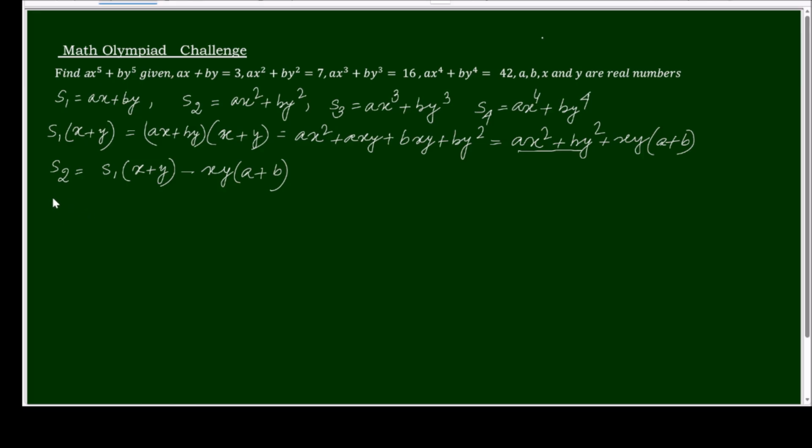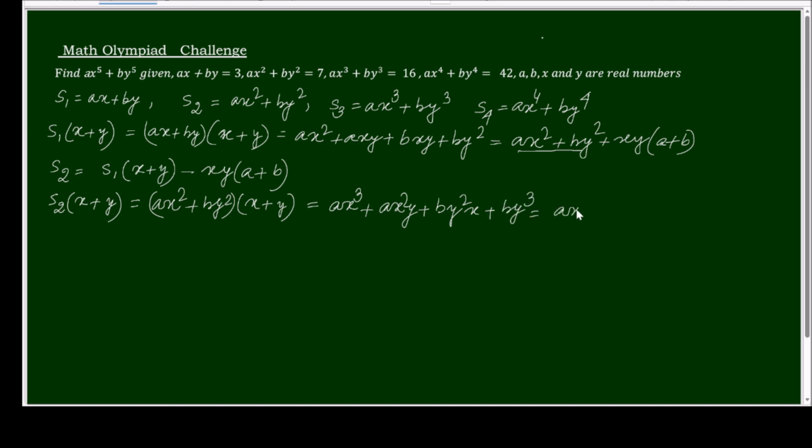Next, let us multiply S2 with x plus y. S2 is (ax^2 + by^2) times (x + y), which equals ax^3 + ax^2y + bxy^2 + by^3. Together ax^3 + by^3, and here we take xy common, and we get (ax + by).